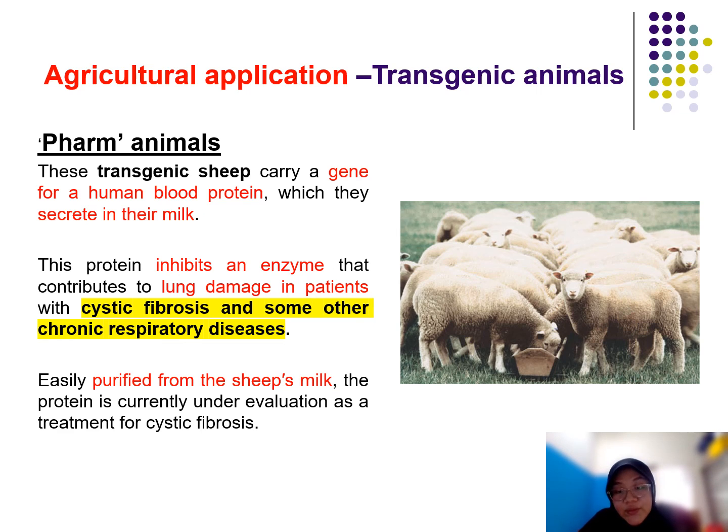For example here, the milk has a protein that can inhibit the enzyme that can cause cystic fibrosis and also chronic respiratory diseases. So, easily purified from the sheep milk, the protein is currently under evaluation as a treatment for cystic fibrosis.